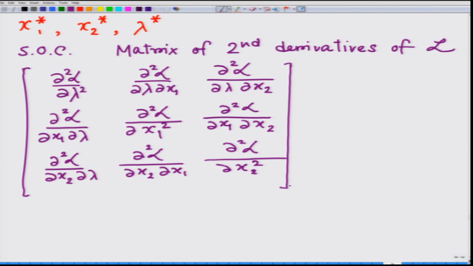So, this is the matrix that we create from the second derivatives of the Lagrangian function.